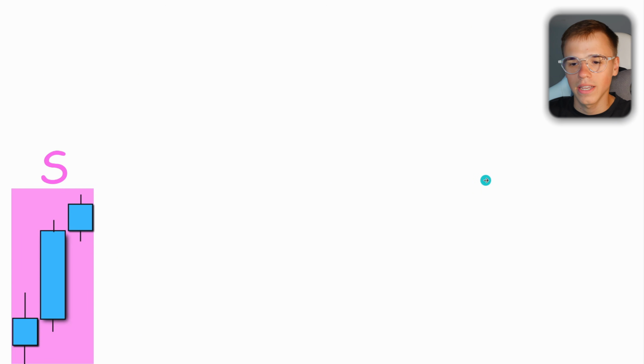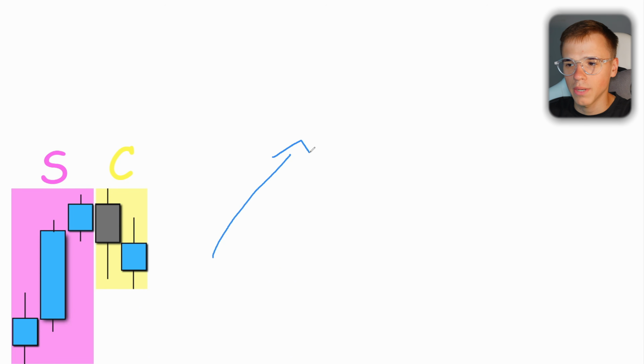Then the next step is going to be a correction. The market is basically a balanced thing. So whenever the market creates a structure to the upside, it will need to rebalance to the downside before it makes another structure to the upside. So S stands for structure, C stands for correction.